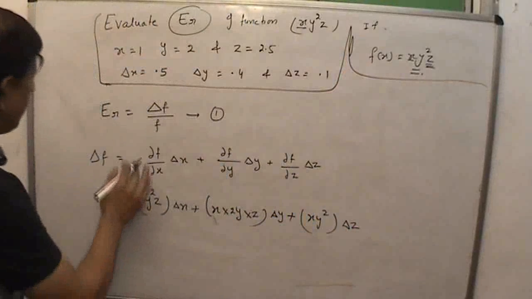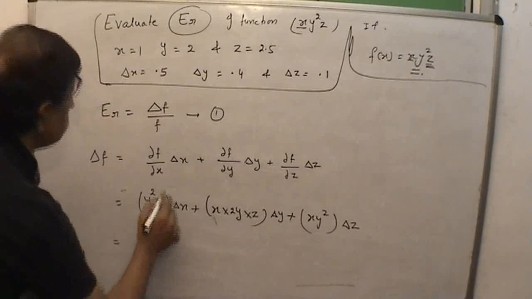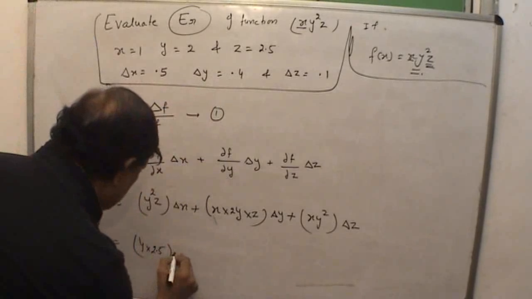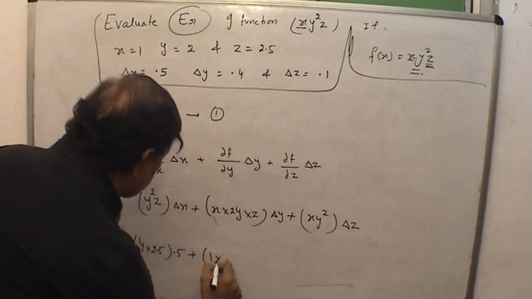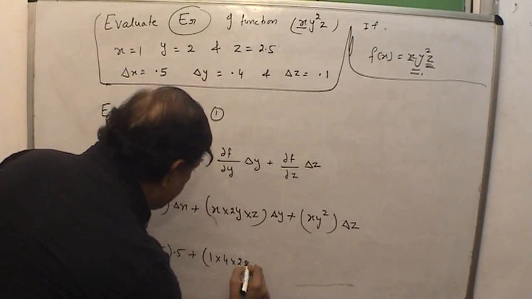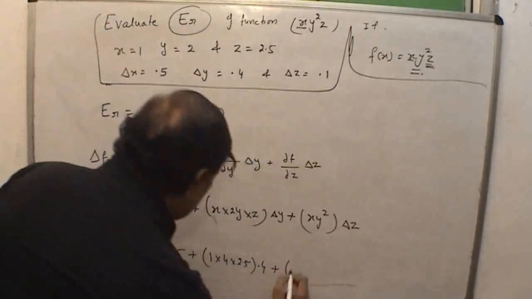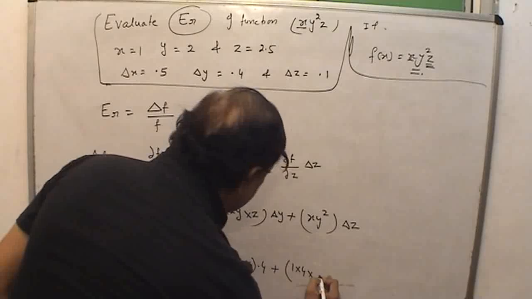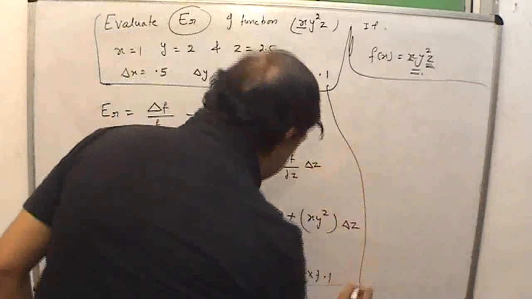Here the value for y is 2, so y square means 4, into z 2.5, into delta x 0.5, plus x which is 1, into 2y, and 2y means again 4, into z 2.5, into delta y 0.4, plus x 1, y square again is 4, into delta z, that is 0.1.